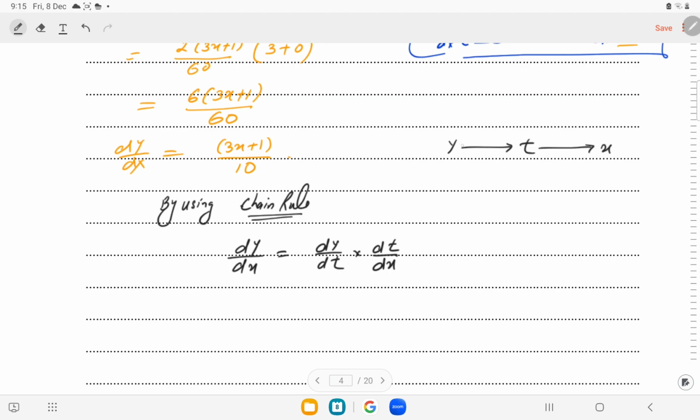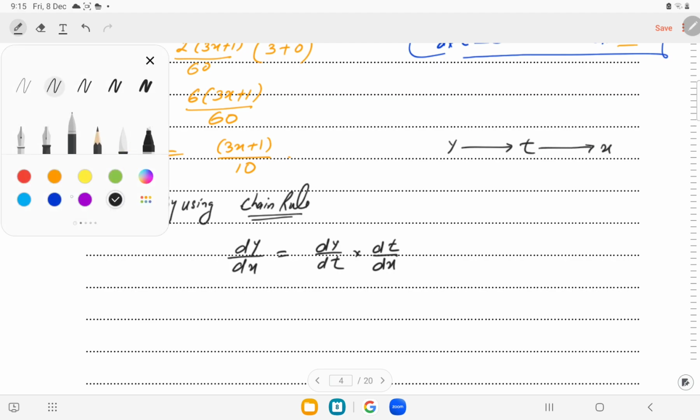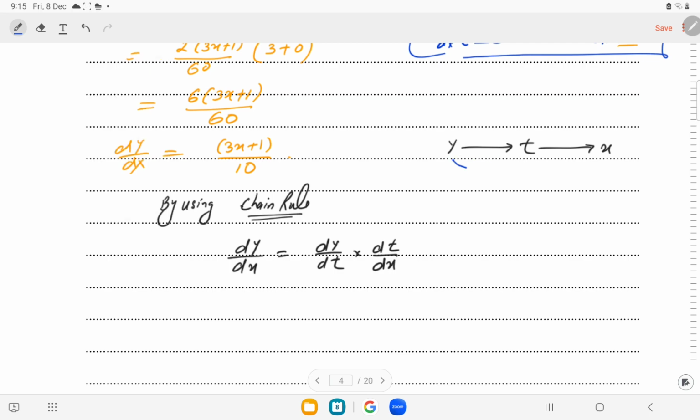First, we need to differentiate dy by the chain rule, which we have done in class. Here dt by dx goes directly with the relation between y and x, dy by dx.